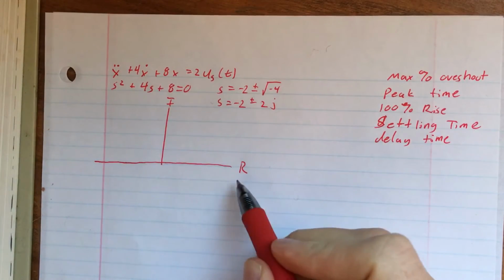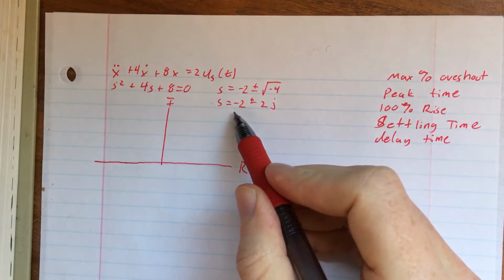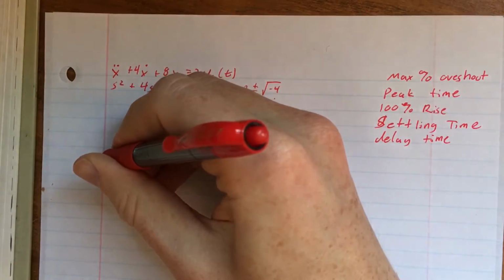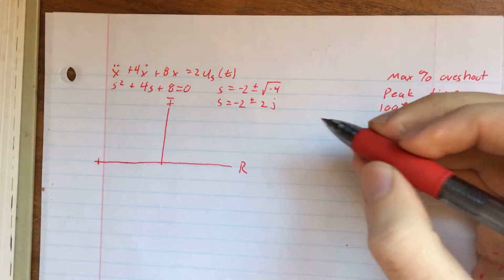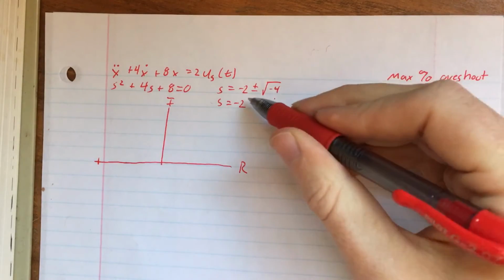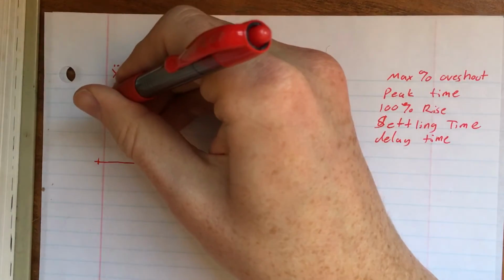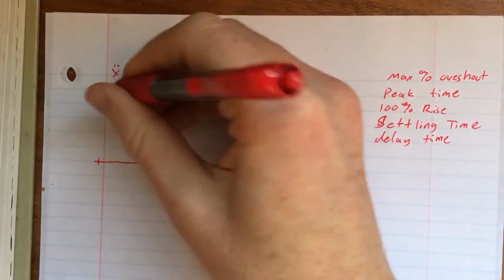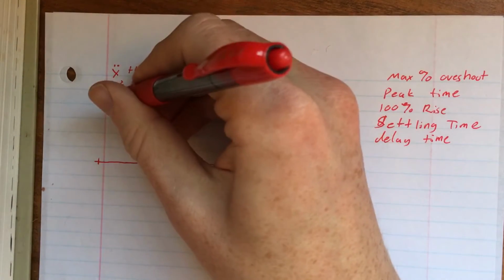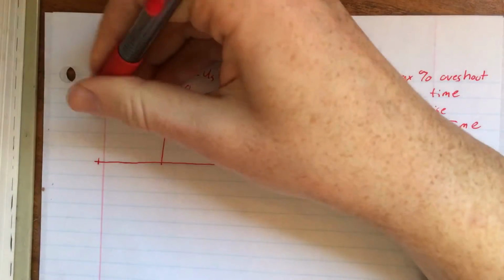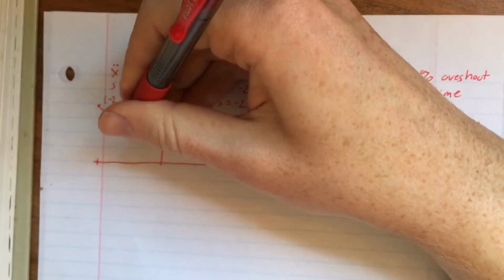So the real part of this root is -2. So I'm going to draw a point at -2, and then the imaginary part, I'm going to do the top, so it's positive 2j. So this is -2, positive 2. I'm going to go ahead and draw this line here.